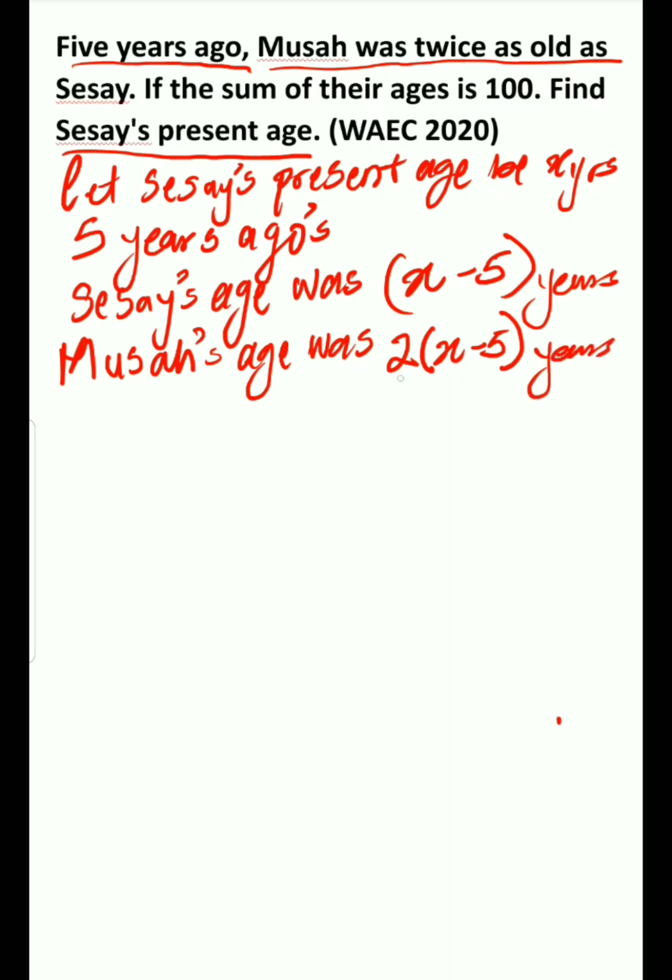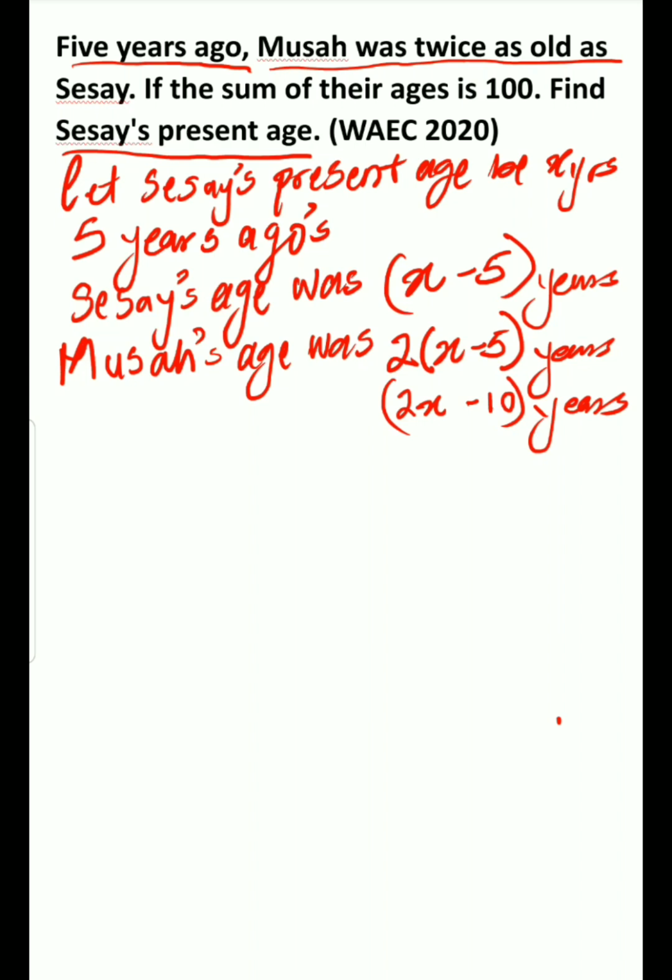And so this would give me 2 times X minus 5, that is 2X minus 10 years. So we got Sise's age 5 years ago to be X minus 5, and so Musa's age 5 years ago was 2X minus 10.